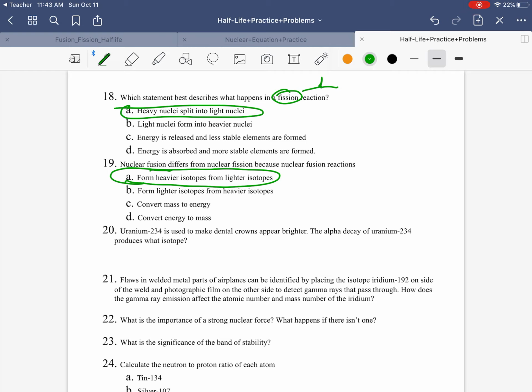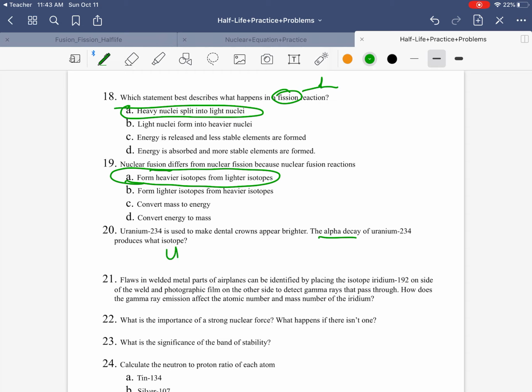Uranium-234 is used to make dental crowns appear brighter. The alpha decay of 234 produces what isotope? So, for this one, let me pull up my periodic table again. So it says through alpha decay.